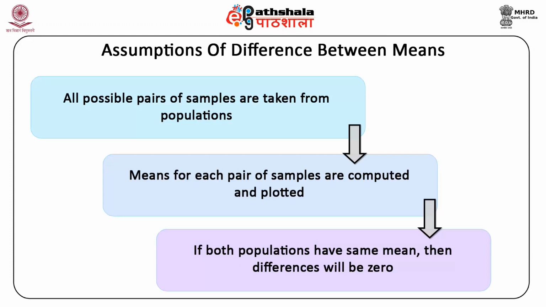If both populations have the same mean, then most of the differences will be zero or close to zero. Occasionally, there will be a few large differences due to chance alone, some positive and others negative.